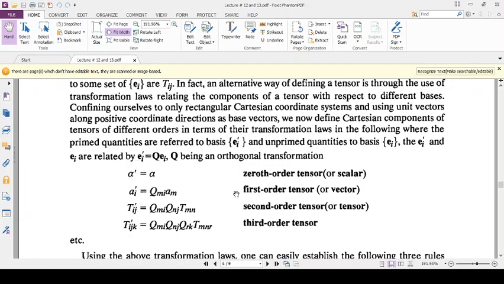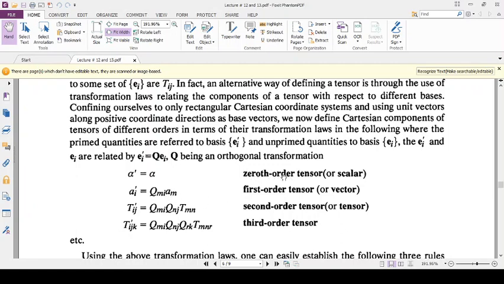Now, what is a zeroth order tensor? If you move back, second order, first order, we are saying vector. Then what is behind the vector? That is a scalar. Alpha dash equals alpha, a zeroth order tensor.